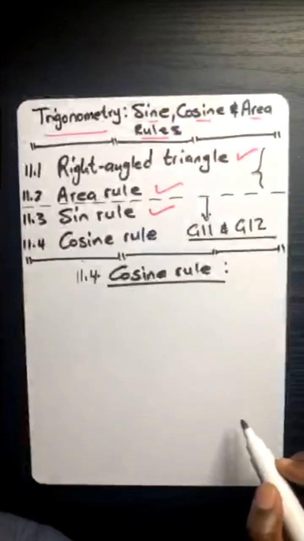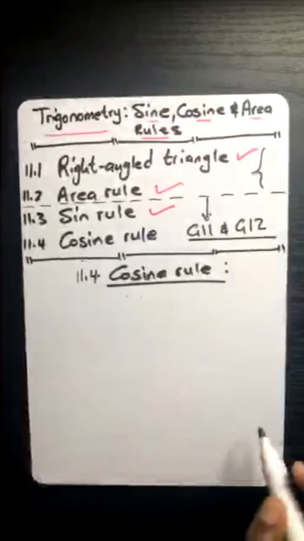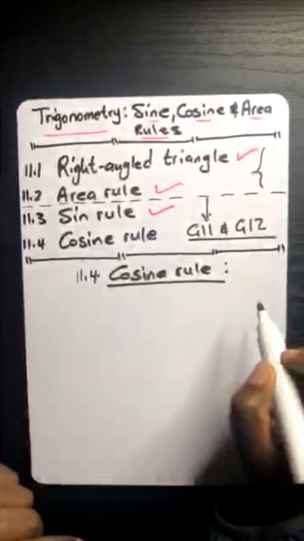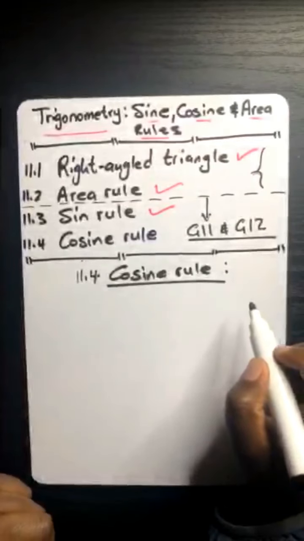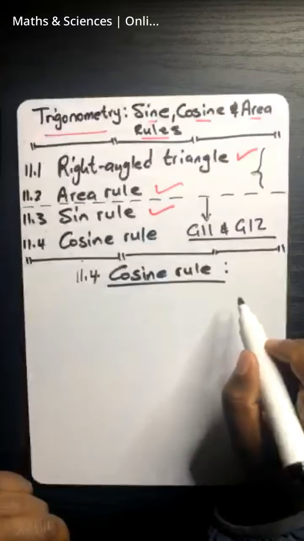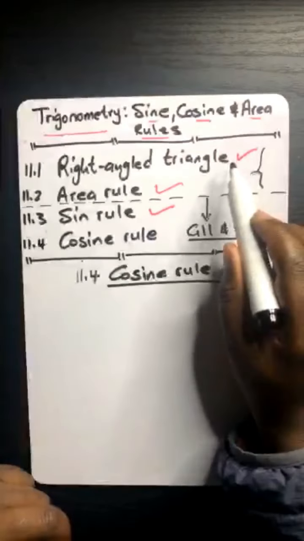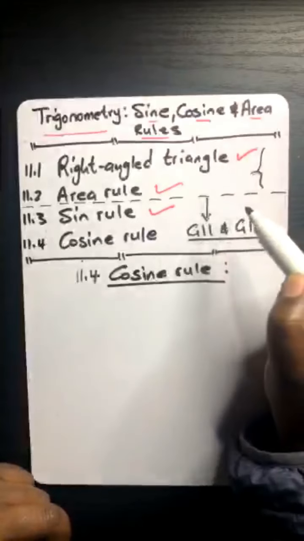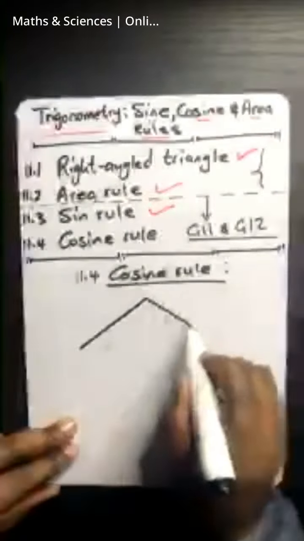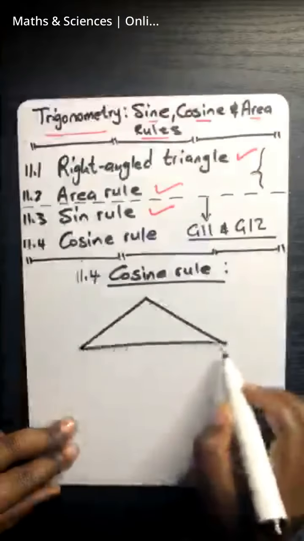Okay, can you guys see we are now on the cosine rule? The cos rule. Hey, good people, in today's lesson, we are only focusing on a triangle. But remember, we've got a right angled triangle and we have just a triangle, which is what I'm taking you through in today's lesson.